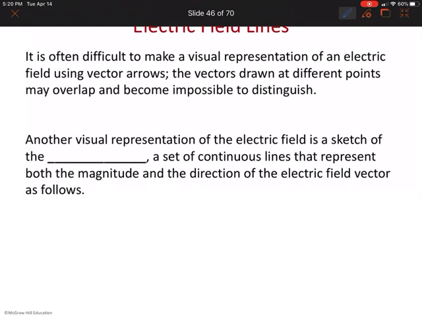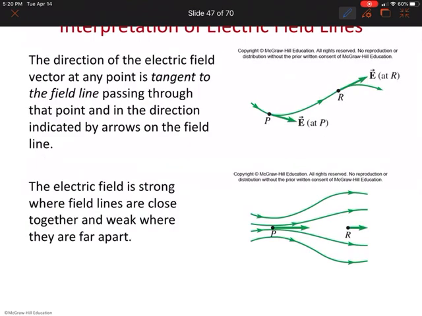Another visual representation is a sketch of electric field lines, and these represent both the magnitude and direction, so the vector.